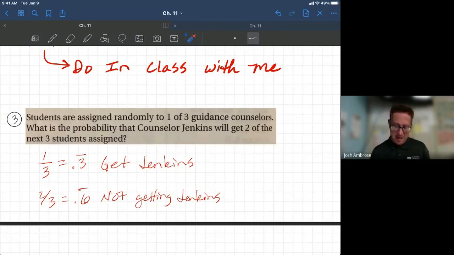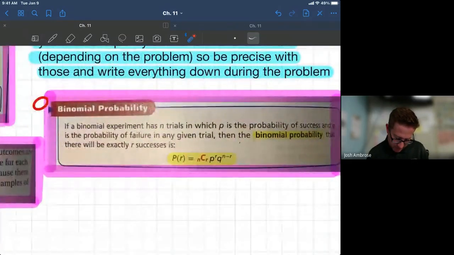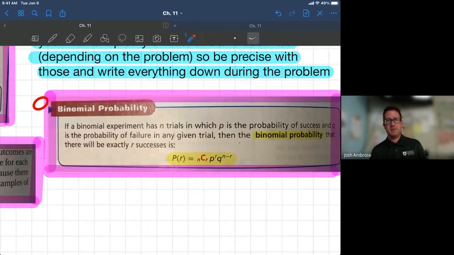That's going to be N, and then 2 of the next 3 students, so that's going to be the R. That's the success. We want 2, that's success R, of the next 3, that's total N trials. Now we're going to fill all this information in, and remember it's always going to be a combination. It's random, order didn't matter here.